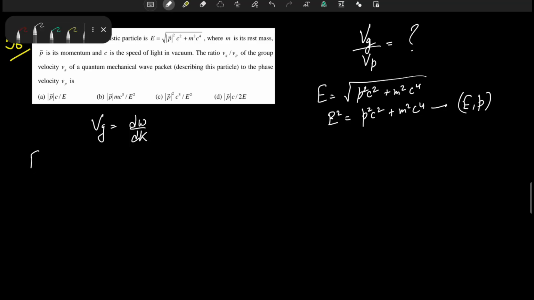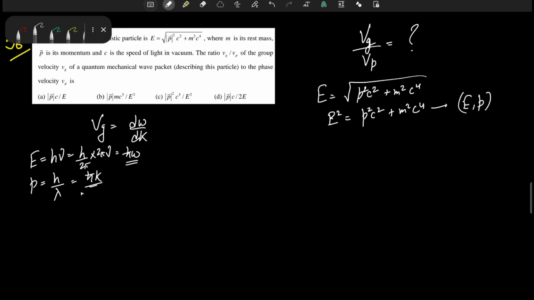You can relate them, because you know the energy of a photon is given by h nu, or you can divide and multiply by 2 pi, which will give h cross omega. You can also do that for momentum. You know momentum p is equal to h by lambda, and you can multiply and divide by 2 pi and you will get h cross k.